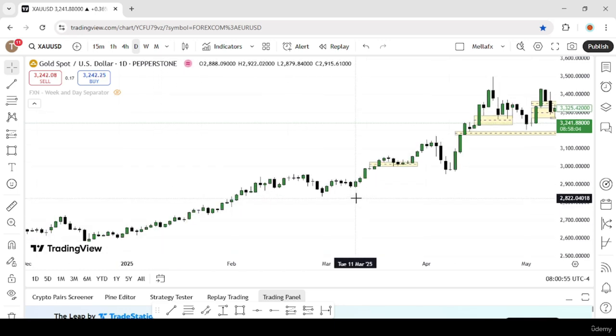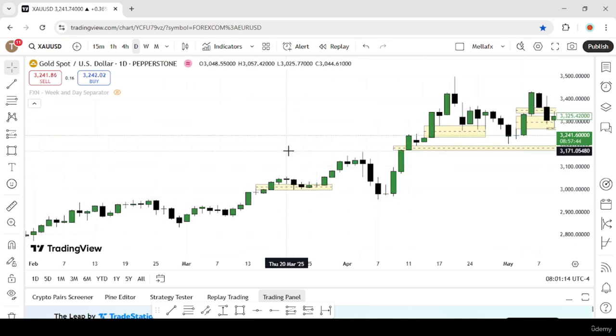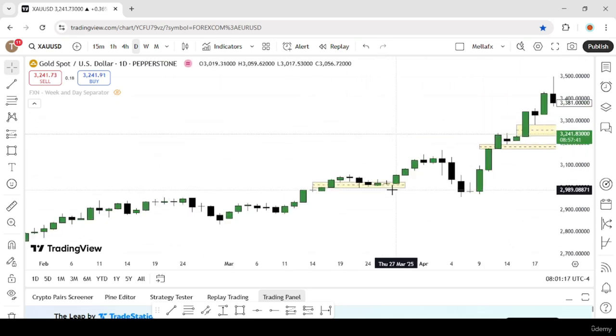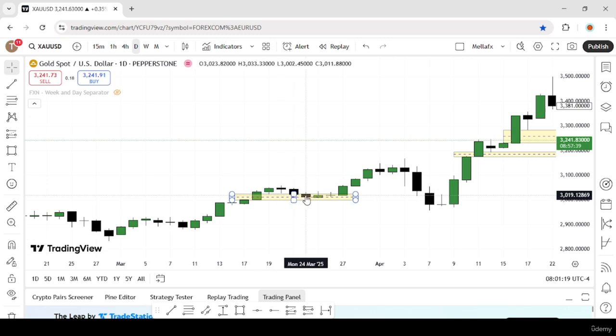So this is a market where essentially you want to search for any order blocks or any fair value gaps which will make you be in sync with the pair or the market structure. I have outlined this imbalance here in the daily chart. We created this imbalance at this particular point on the 19th of March 2025, and we are yet to retrace back into it.